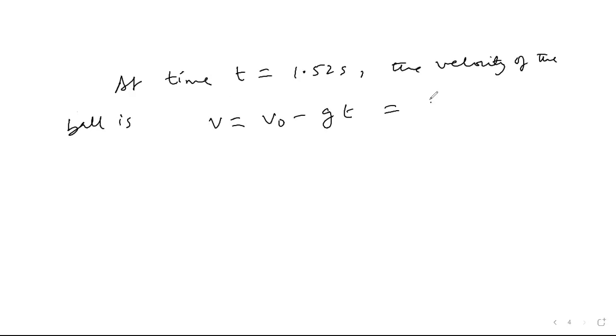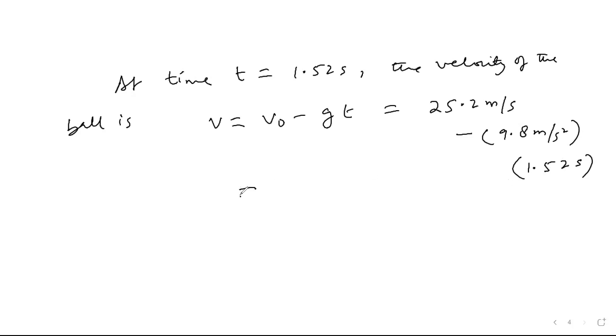V naught is 25.2 meter per second minus 9.8 meter per second square times the time, which is 1.52 seconds. So v is v naught minus gt, 25.2 meter per second is v naught, minus g is 9.8 meter per second square, and the time 1.52 second.